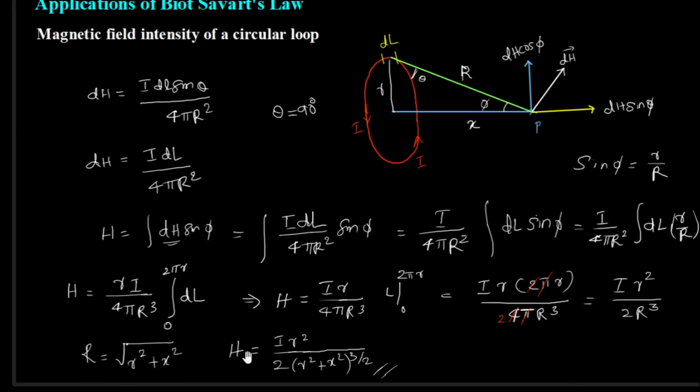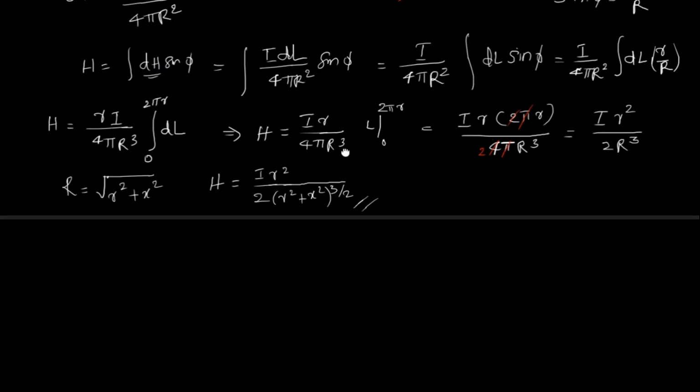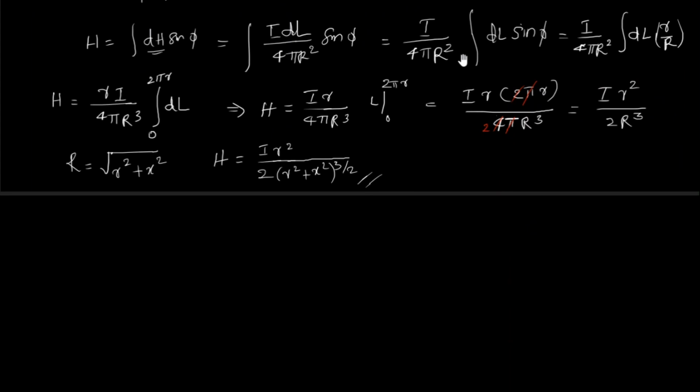So how to represent H in vector form? A vector quantity is magnitude into direction. So this is my magnitude. What is the direction? A y cap, because it's in the y direction, considering that this is in the xz plane. Is that fine? Okay, so let me first represent H in vector form, then I will write the expression for the B vector.